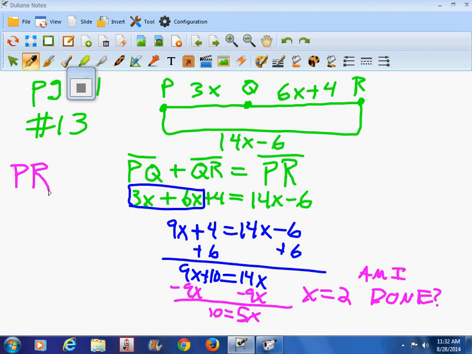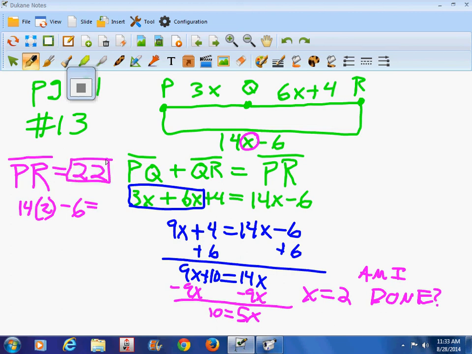No. All right, so I have X is 2, so I'm going to substitute it right there. So now I have 14 times 2 minus 6. And what does that equal? Who said 22? So line segment PR is equal to 22.